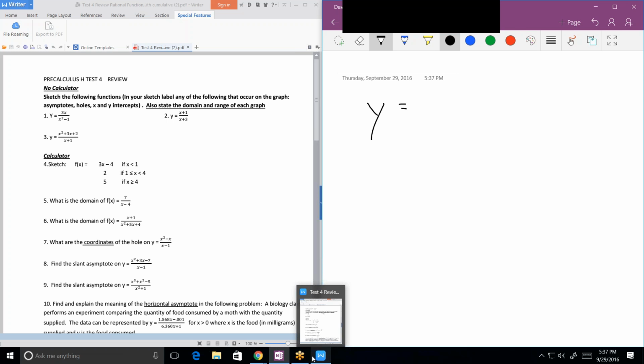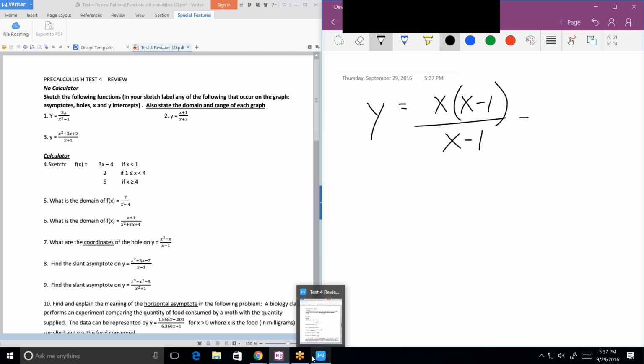Make a greatest common factor out of that. That's always your first thing to look for. Oh, so it would just be x and then parentheses x minus 1. Yeah, and again, look for the x minus 1. You know it's probably going to be there, right? Okay. So in this case, I do have a hole.